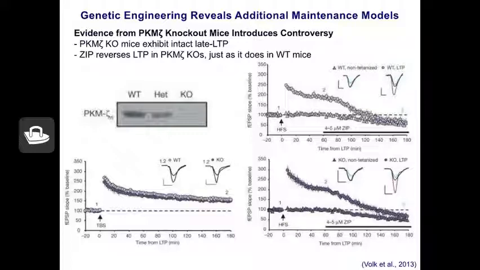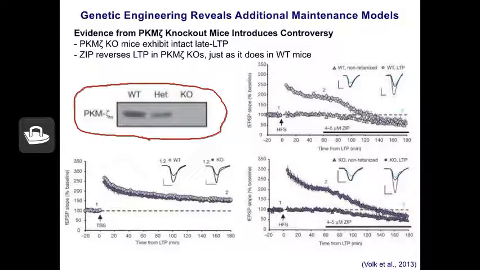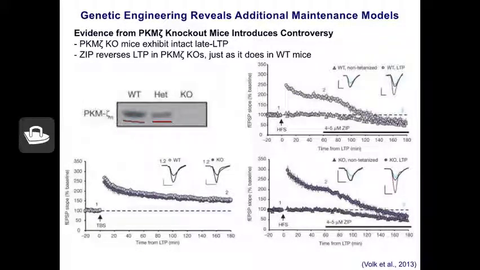So first, Volk and colleagues genotyped their mice and found that the knockout mice clearly did not express any protein kinase M-zeta. The Western blot at the upper left shows that the wild-type mice have protein kinase M-zeta. The heterozygotes that only have one copy of the gene have reduced protein kinase M-zeta, and the knockouts that lack both copies of the gene, of the PKCZ gene, have no protein kinase M-zeta whatsoever.